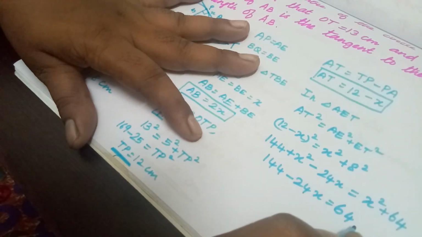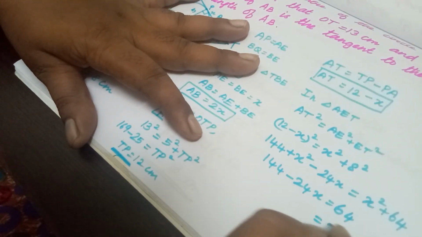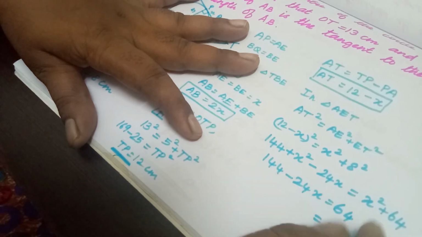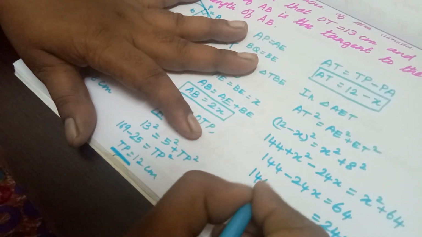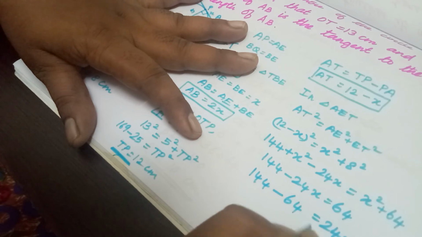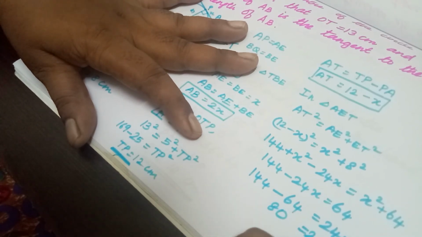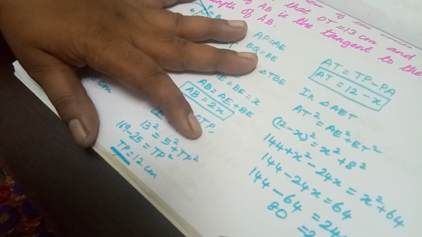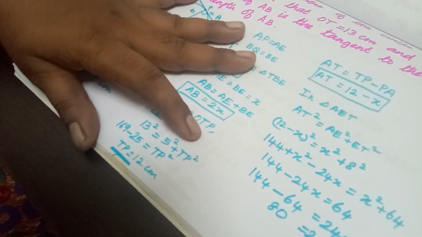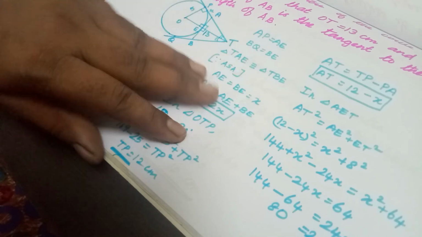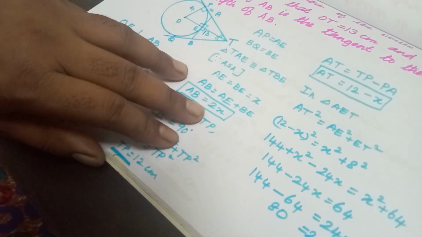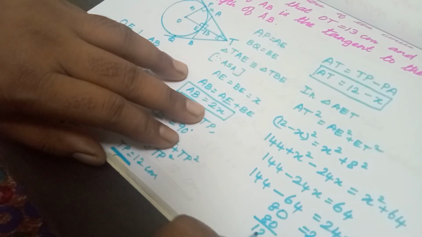Taking 24x to that side and 64 to this side, we get positive 24x is 144 minus 64. So subtracting, we get 80. So 24x is 80. We need to get 2x, so dividing by 12, we get 2x is 80 by 12.